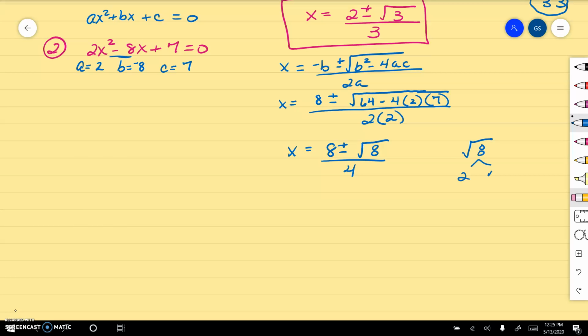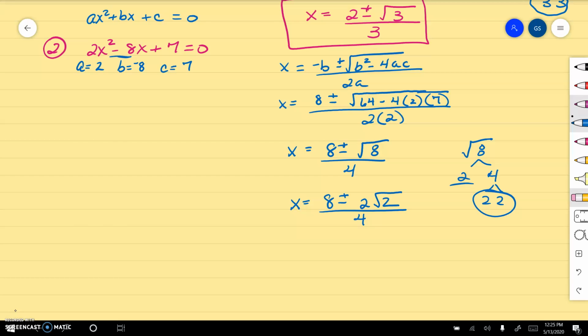We're going to get 2 times 4 and 2 times 2. That means we have a pair of 2's coming out and a single 2 on the inside. So we get x equals 8 plus or minus 2 on the outside, radical 2 on the inside, all over 4.